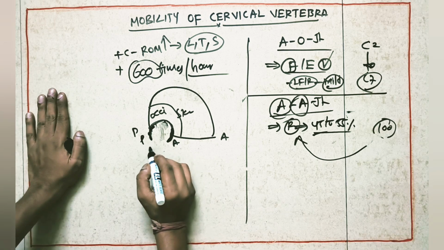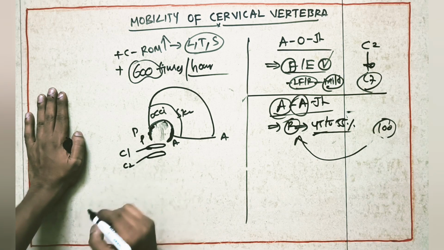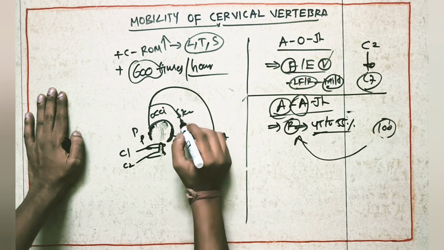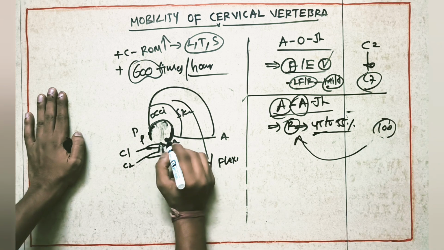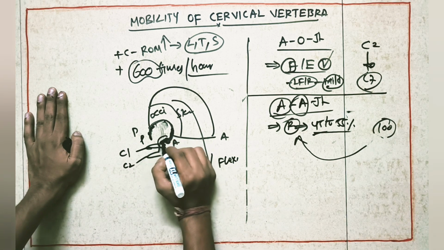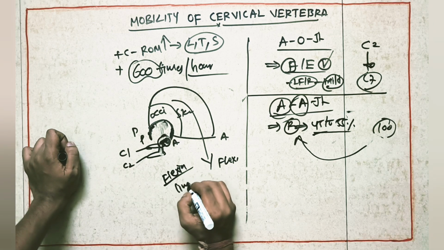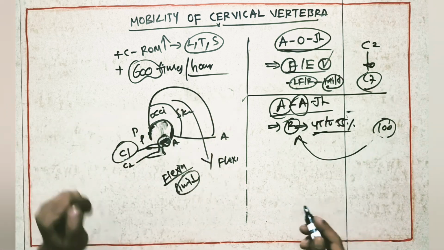Now which cervical vertebra is here? C1, the atlas, will be there, and down from this, the C2 cervical vertebra. The C2 cervical vertebra has the dens. When the person does flexion movement, the anterior foramen magnum will touch the dens. Because of this contact of two bones, flexion is limited in the atlanto-occipital joint.